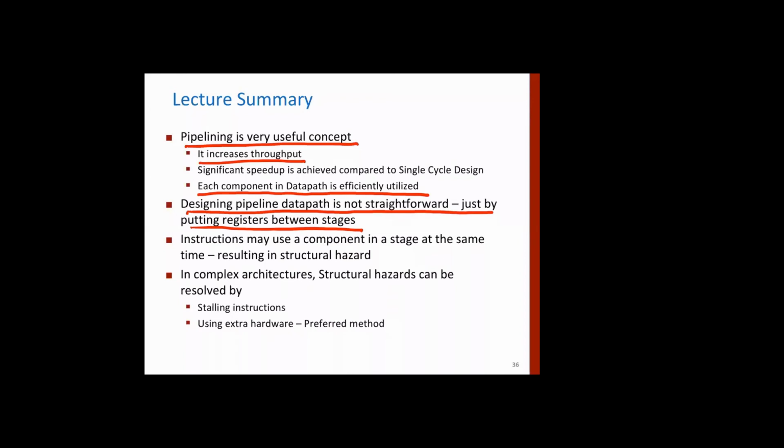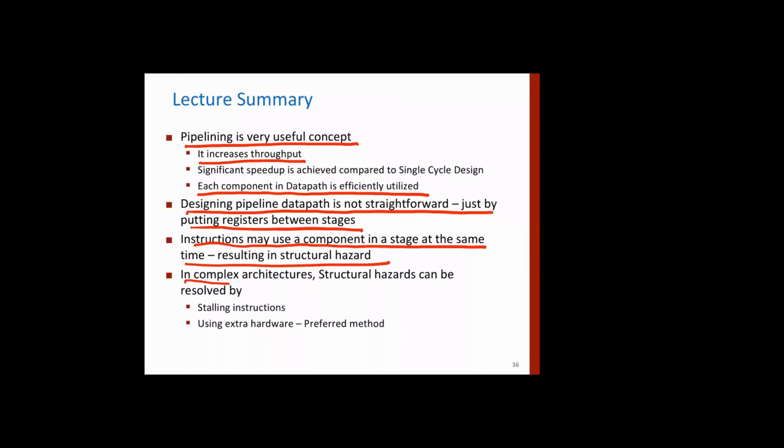Second, the control signals generated in the beginning for the first instruction need to be carried along, so they must be stored and moved forward as the instruction progresses. Also, two instructions may use a component in a stage at the same time, so there can be structural hazard because of pipelining. However, RISC-V avoids structural hazard.